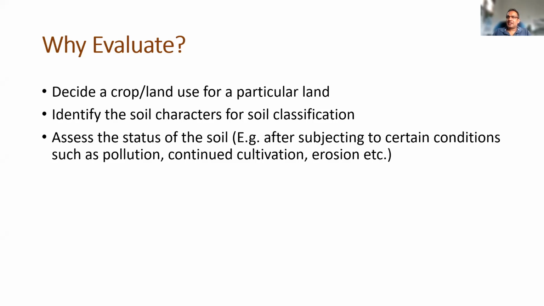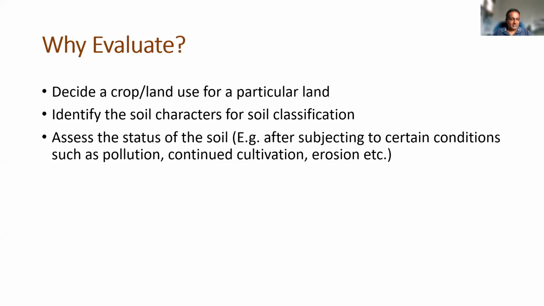So why do we evaluate soil? So we can decide a crop or any land use for that particular land, right? Say if you want to plant something, let's say coconut or tea, then we have to evaluate. Usually, in our traditional system, people will go to the particular land and clear it and then just cultivate.